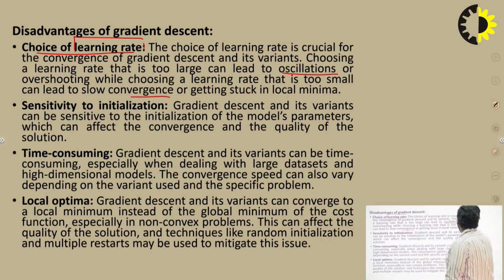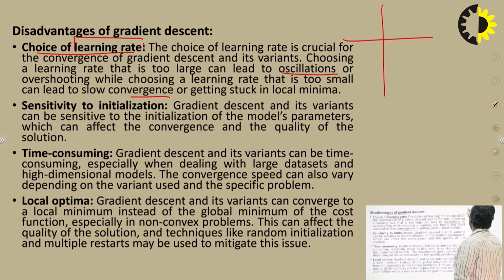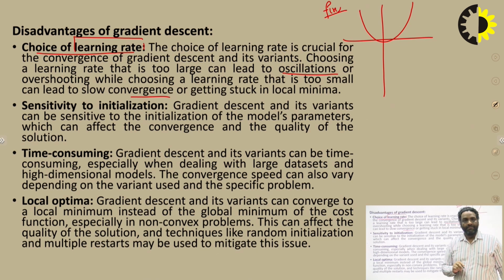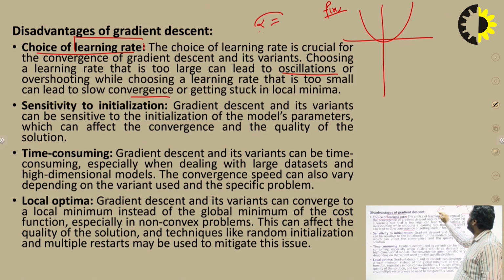As we already covered, let's take a simple function f(x), and we need to find the minima of this particular function. If we talk about learning rate, suppose it is high.